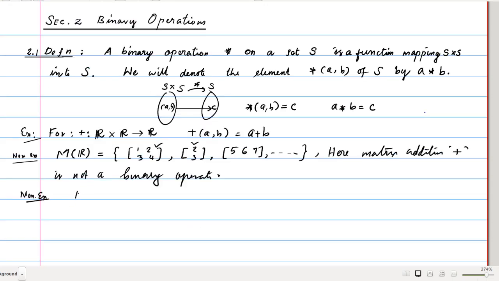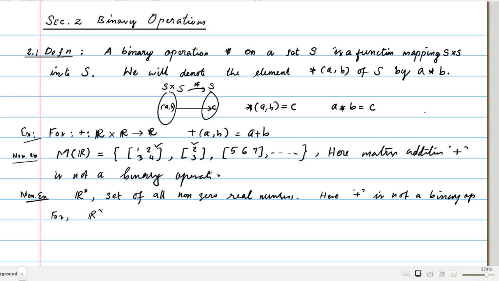Another interesting case is if we choose R star. This R star is the set of all non-zero real numbers. It can also be denoted by R minus the set {0}. When you consider addition on this set, this addition is not a binary operation, because we choose two elements from this.